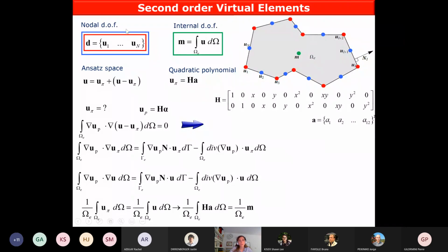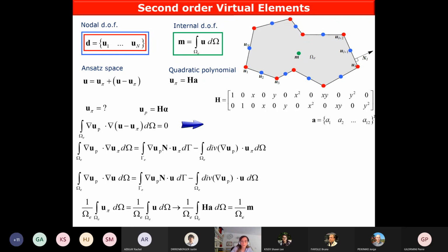Besides the nodal degrees of freedom, a second-order virtual element method accounts also for an additional internal degree of freedom that is defined as a first-order moment.